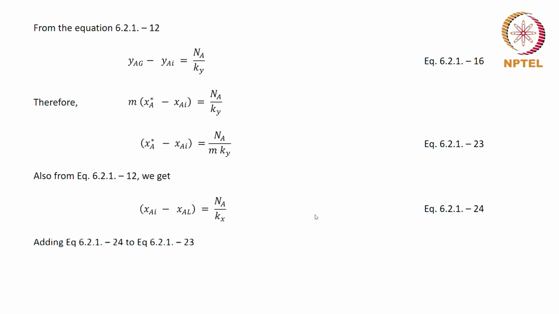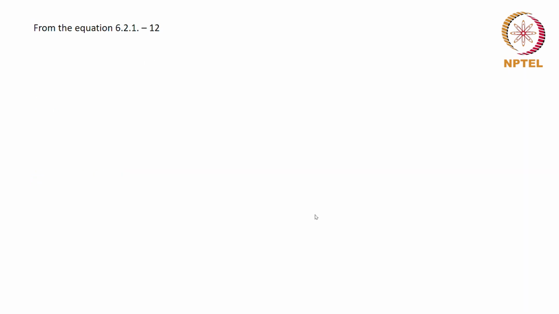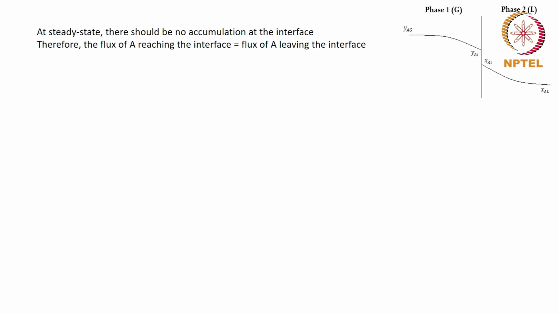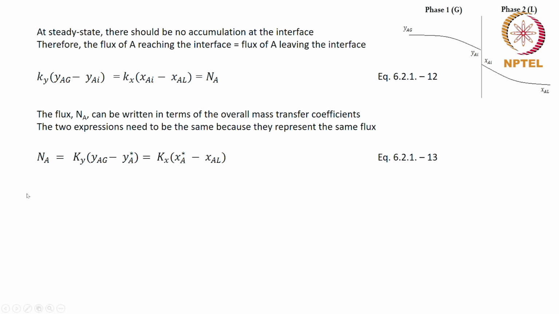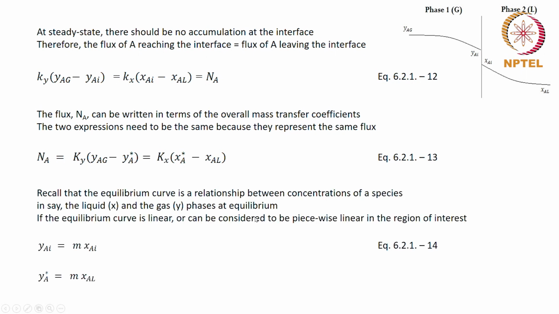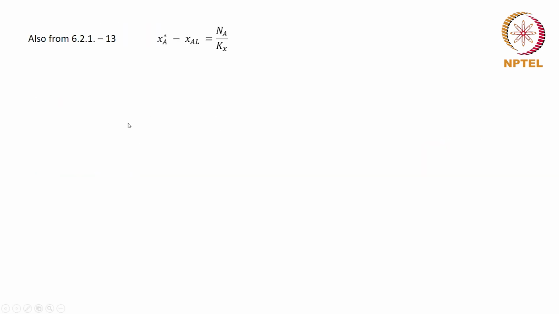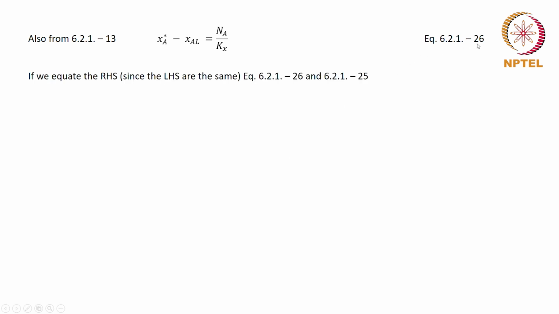Okay. Also from equation 6.2.1-13, which happens to be the other one, right? This is in terms of the overall mass transfer coefficient. See this? XA star minus XAL equals NA divided by capital KX, the overall mass transfer coefficient, 6.2.1-26.